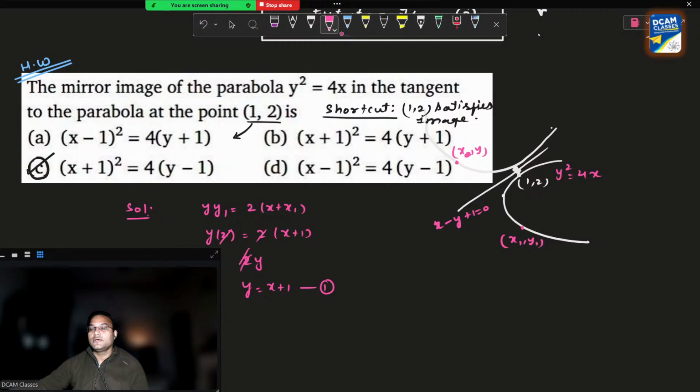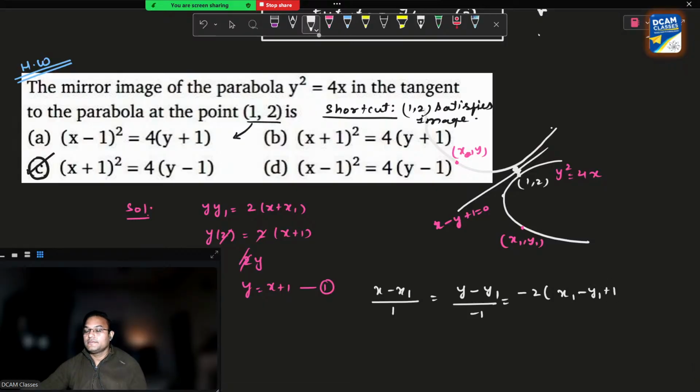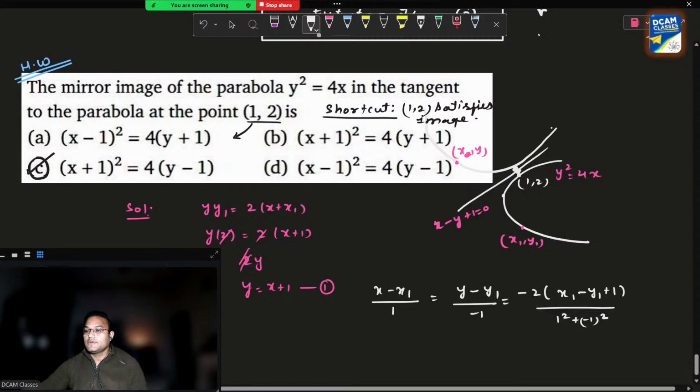We'll find out. So what we will do: (x minus x1) by 1 is equal to (y minus y1) by minus 1 is equal to minus 2 into (x1 minus y1 plus 1) divided by (1 square plus minus 1 whole square).